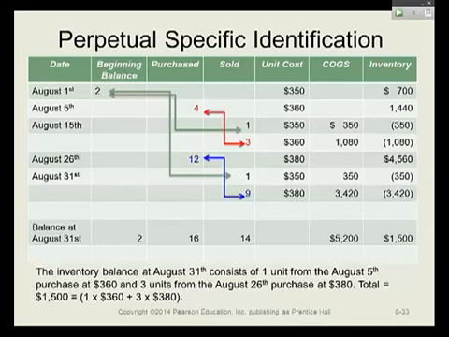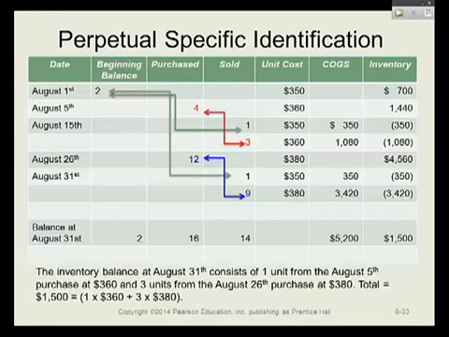So your cost of goods sold for that date, August 31st, is 3420, and you reduce inventory. Now, once again, notice that you have 2 units at the beginning, 16 were purchased, that's 18. You sold 14, so there's got to be 4 left. The 4 left in inventory are going to be identified, which I'll do in just a minute.